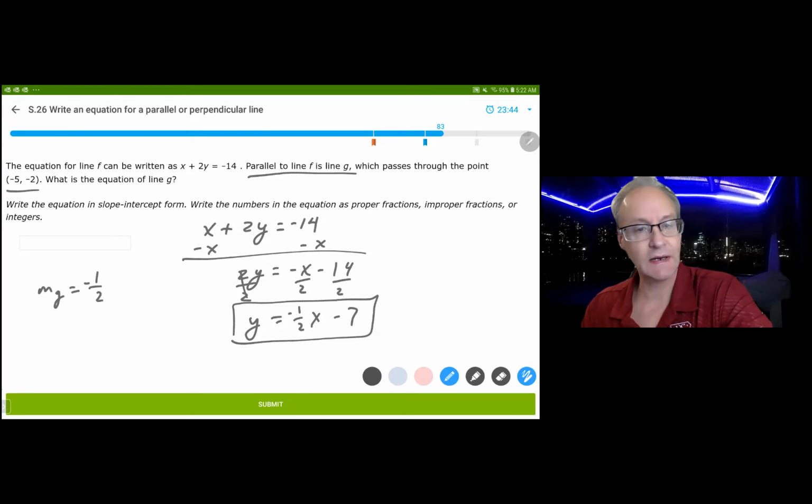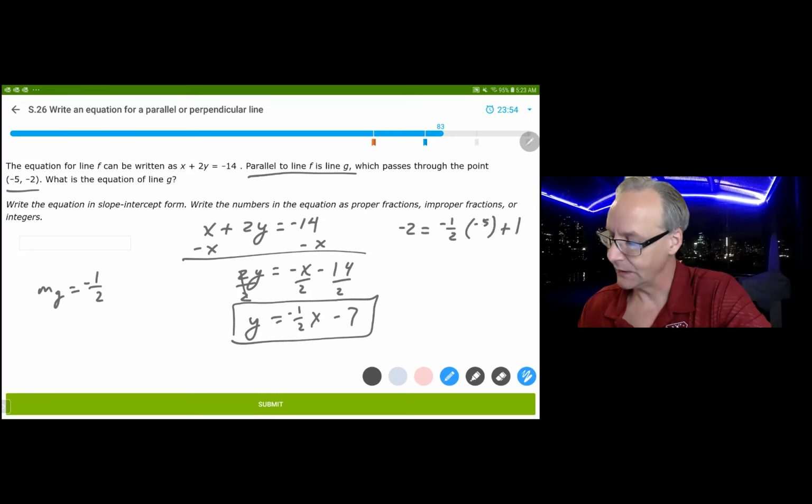And we wanted to go through that point. It looks like we're going to have a fraction again, darn it. And we have y, which is negative 2, is equal to negative 1/2, x is negative 5, plus b. So this is going to be 5 over 2. I'm just going to write it, 5 over 2 plus b is equal to negative 2.